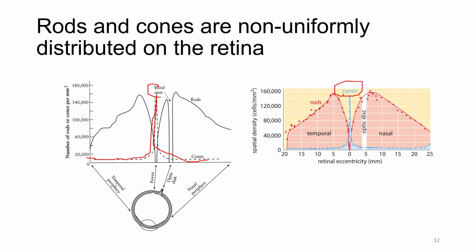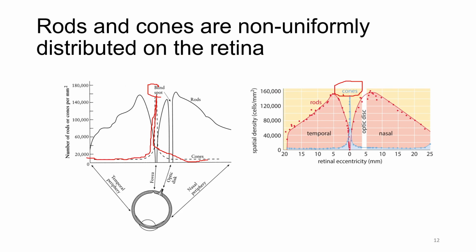But you can try this yourself. You can stare at a certain fixed point on the wall and ask your classmate to show a color somewhere off to the side. Can you sense the color or not?